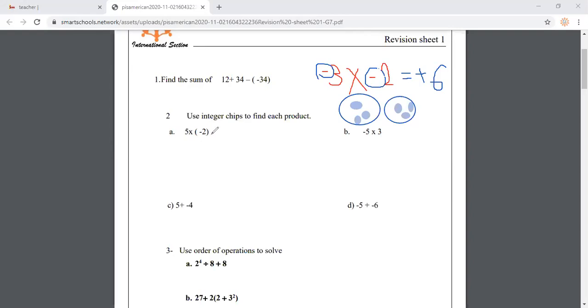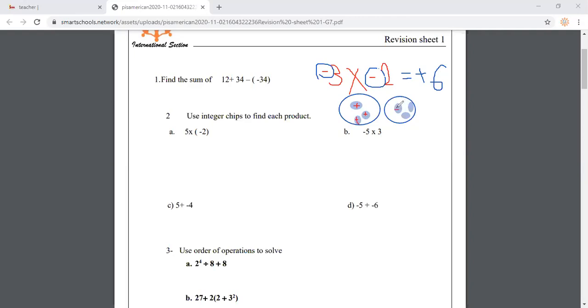But if both are negative, we have to say that it will be the opposite sign. Negative times negative will be positive. So I'm going to work with the positive sign. We can write here that this one should be positive, and the rest also should be positive. Okay, so this is for multiplication.